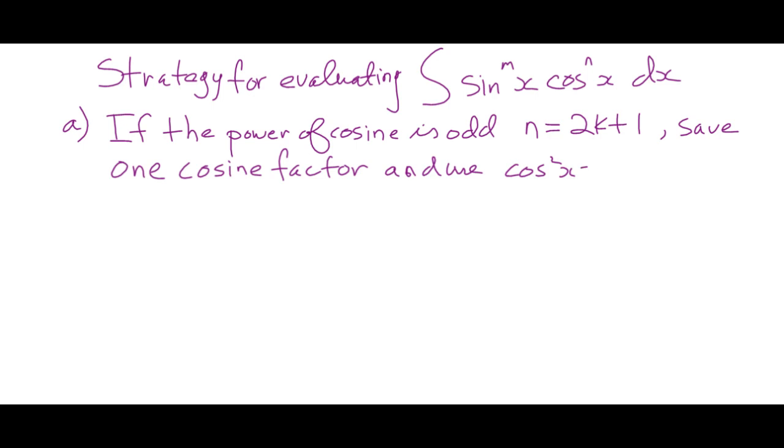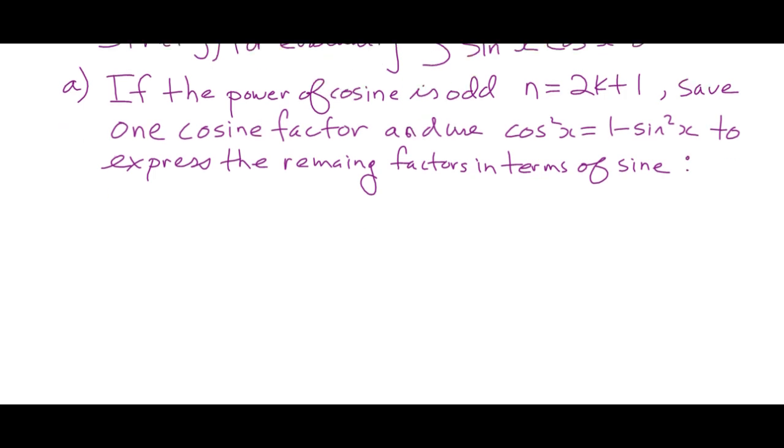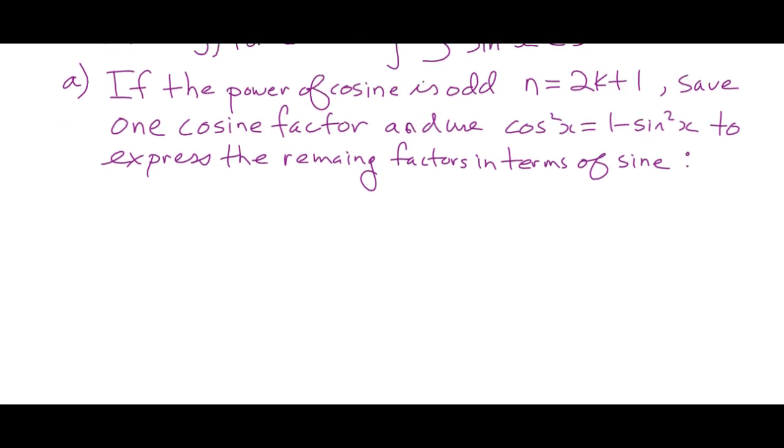So you save one cosine factor and use cos squared x is equal to 1 minus sine squared x to express the remaining factors in terms of sine. So it'll look like this.